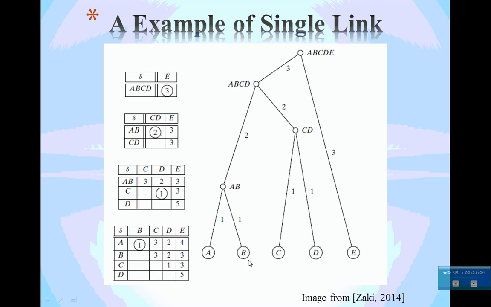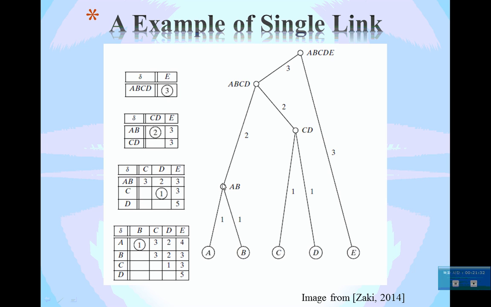Here is the original data, and here is the distance between each pair of points. Here A and B have just one distance, and here also one. First, we consider which pair will be combined first. Here we assume that A, B will be combined first.